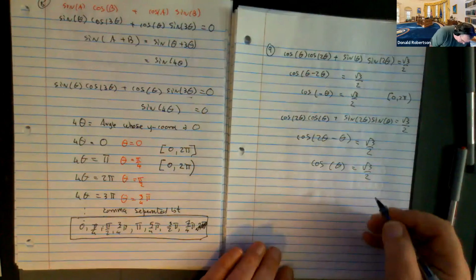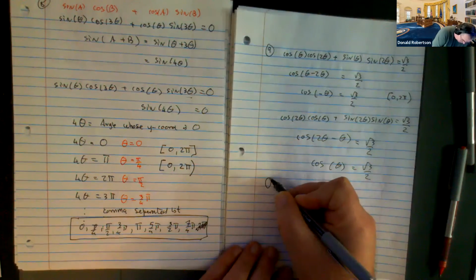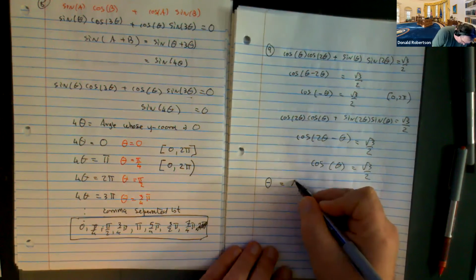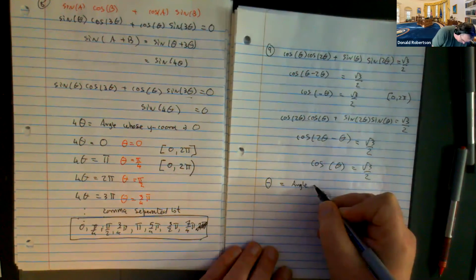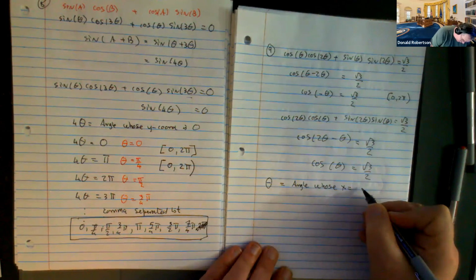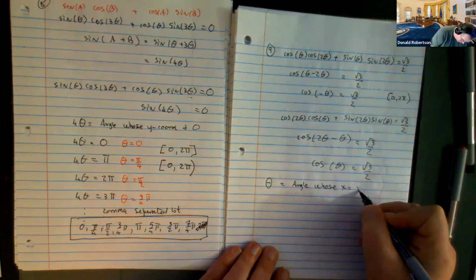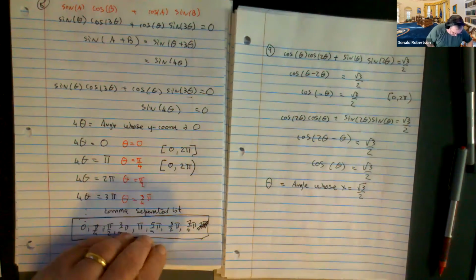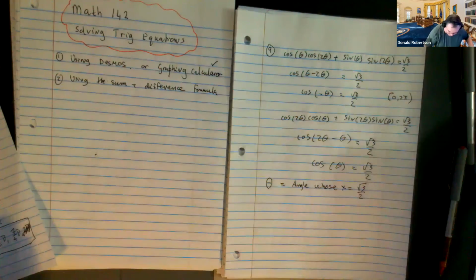Now I want to solve this. So I'm trying to find 2 theta, right? And I'm looking for an angle whose x coordinate is equal to root 3 upon 2. Where's my unit circle gone? Oh, here it is.